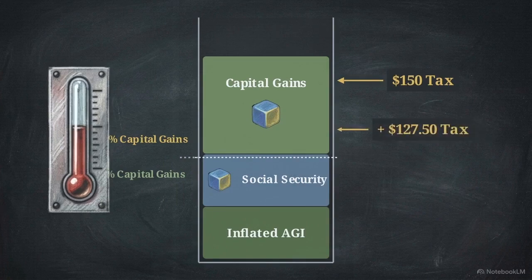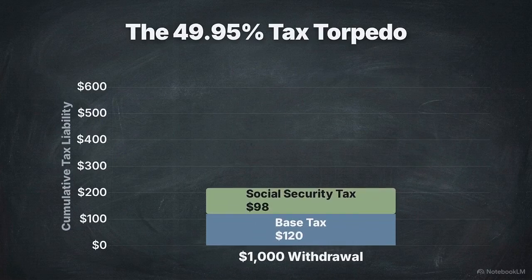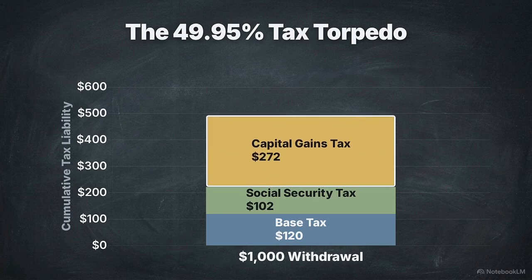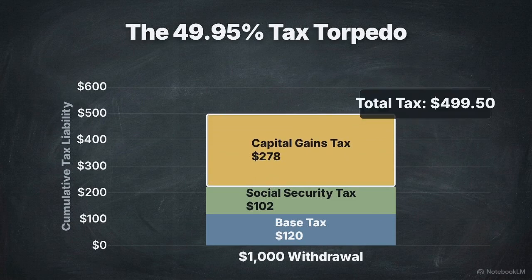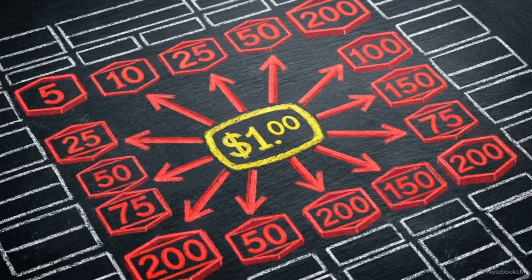The original $120 tax, the $102 Social Security tax, and the combined $277.50 in capital gains taxes sum to $499.50. The $1,000 withdrawal created an effective marginal tax rate of 49.95%. Accessing a single dollar of retirement savings acts as a multiplier, inflicting massive collateral damage on income streams you thought were secure.